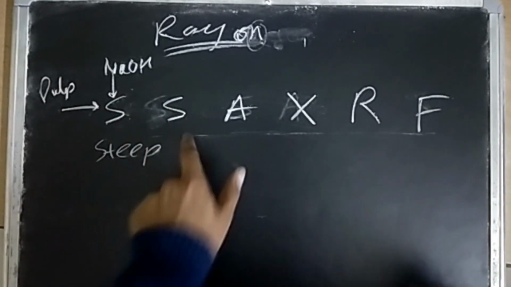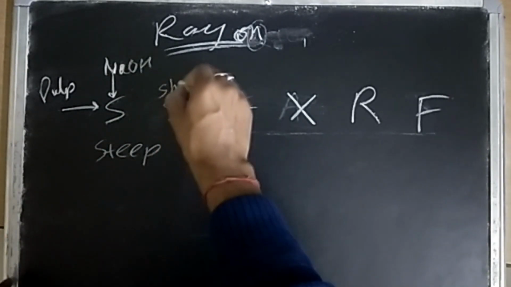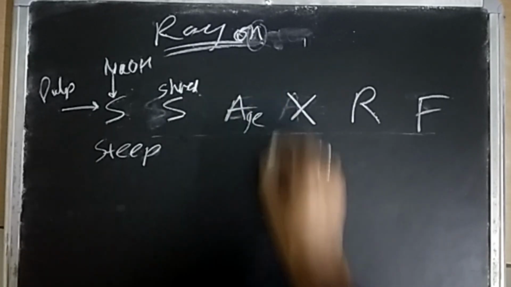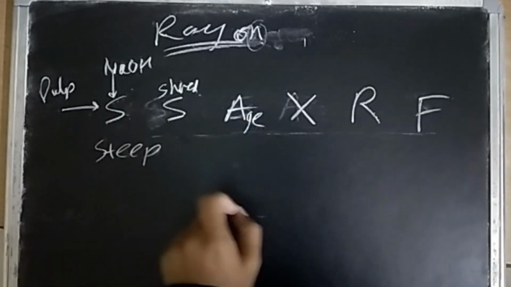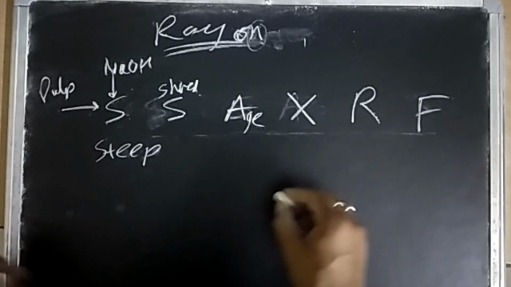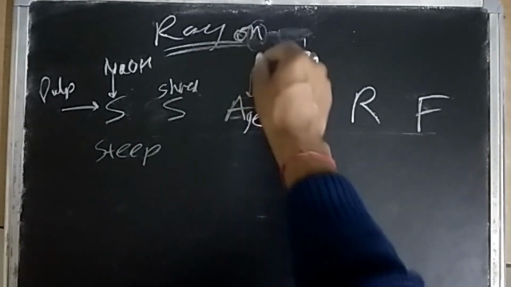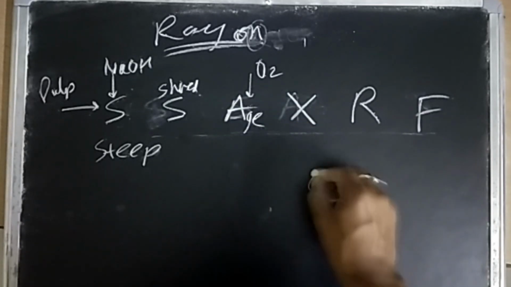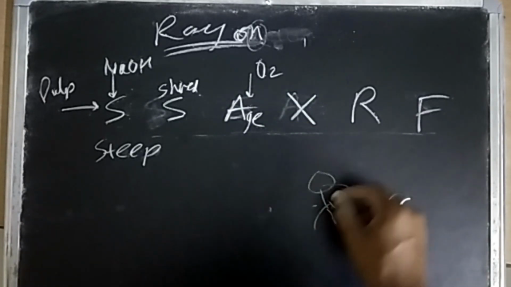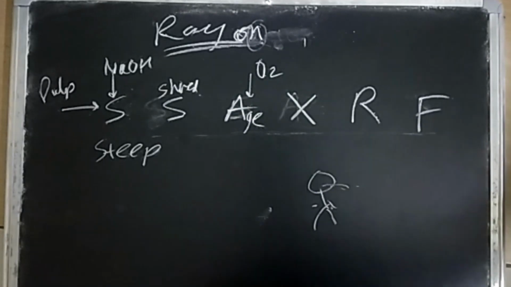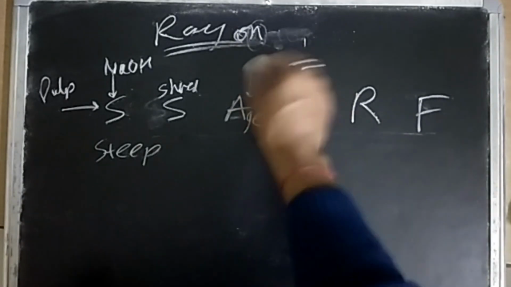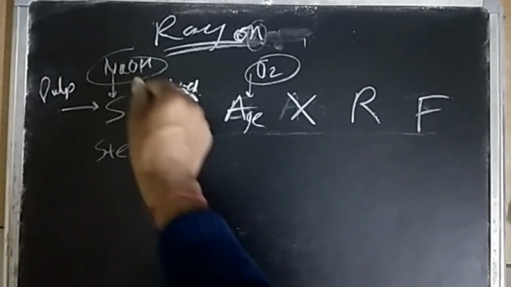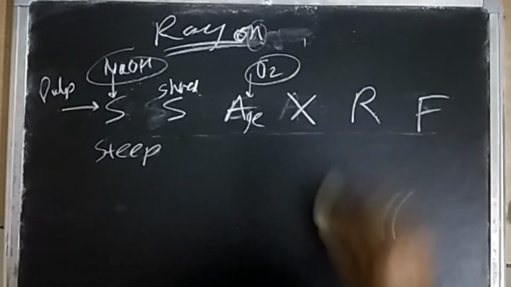Then we shred it to make it fluffy, then we age it. To age it, we give it oxygen, like a person breathing, slowly and slowly it will age. So you can remember that rayon takes in oxygen to age, and first alkaline like NaOH.